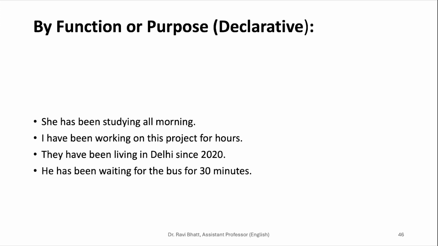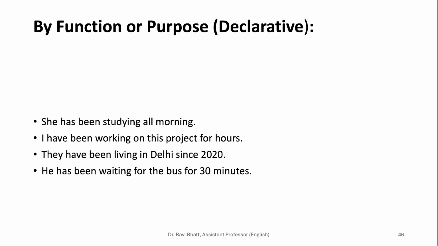Always remember that for is always and always used for a period of time, whereas since is always used to denote a point of time. Okay. For example, when I say they've been waiting for this news for 8 years, I've used for here because it's a duration: for 8 years, for 8 days, for 80 hours.